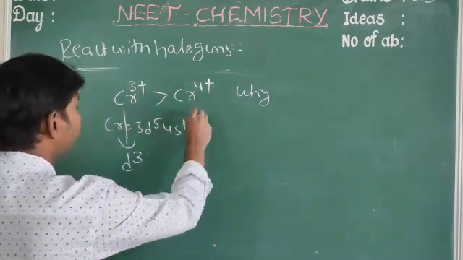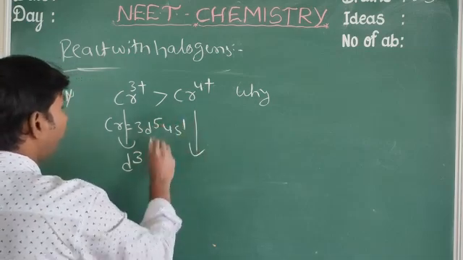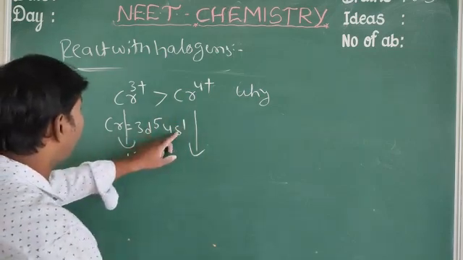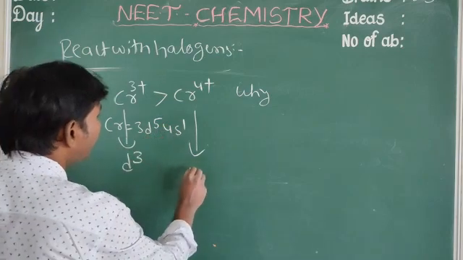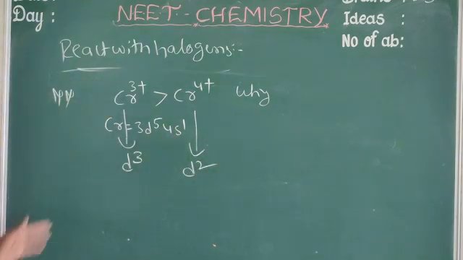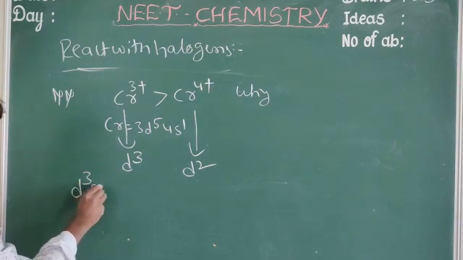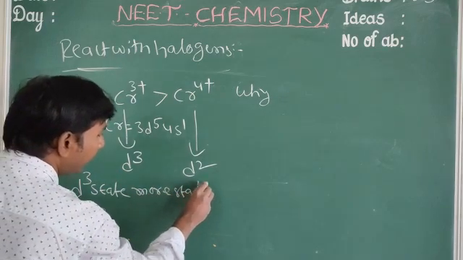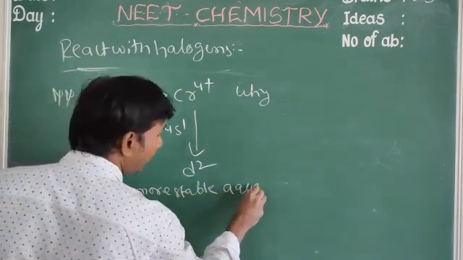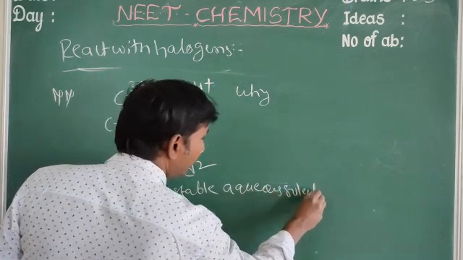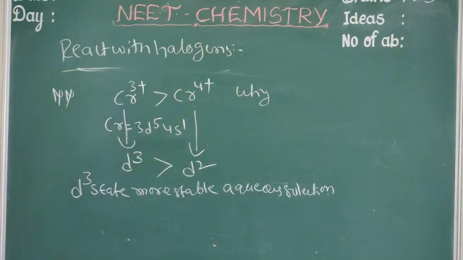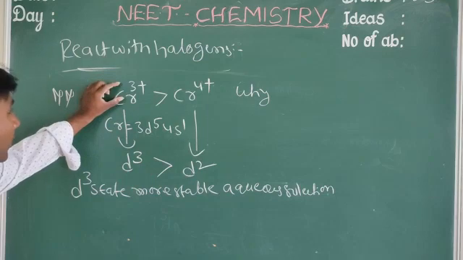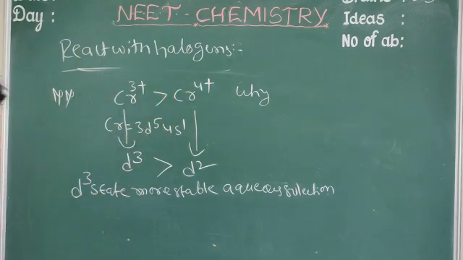For Cr4+, four electrons are lost, so it is d2. The d3 state is more stable than d2 in aqueous solution. That's why Cr3+ is more stable than Cr4+.